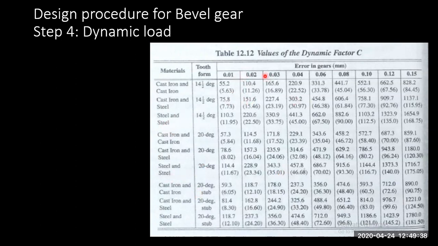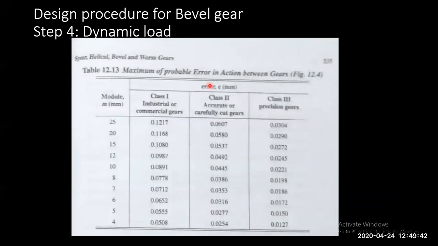But you need the value of error here, right? So the class of gear is given. It's the precision cut. If you check the question, it is given that the gear is precision cut by form cutters. So it is precision cut, and for module 6, the value is 0.0172. This is the error.